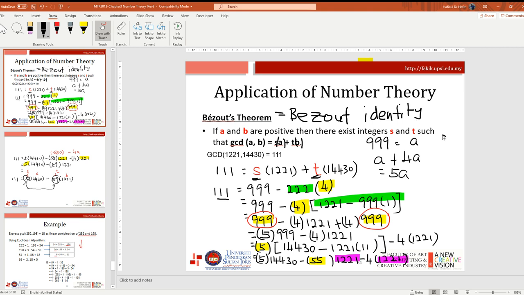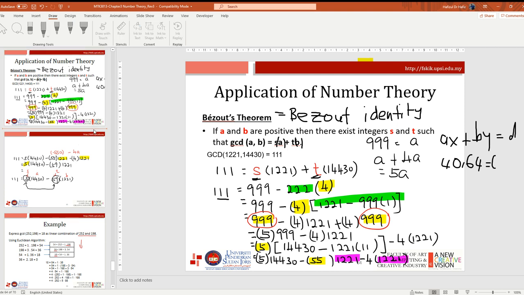Formula dia AX + BY is equivalent to D. In general, the integers of the form AX + BY are exactly the multiples of D. Okay, for example, we have 40 and 64, equivalent to A.